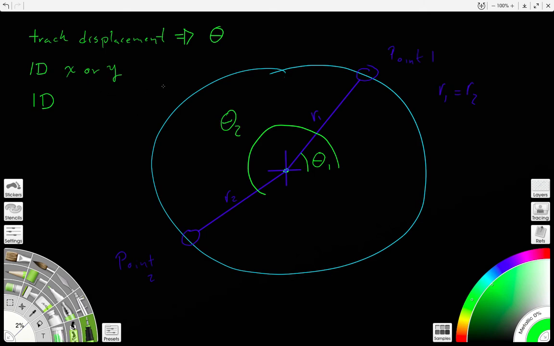We are not moving along a straight line, we are moving along a circular path. So technically we only have one dimension, one degree of freedom, and that degree of freedom will be theta. If we're moving along one dimension, it would either be the horizontal dimension, so we could go left or right, or the vertical dimension, so we could go up or down. For our circular displacement, we can only move theta. We can't move away from this circle. We can't move inside this circle. We are moving along this circle only. So it's only one dimension, and the way that we can establish at what point we are is with this value right here, theta.